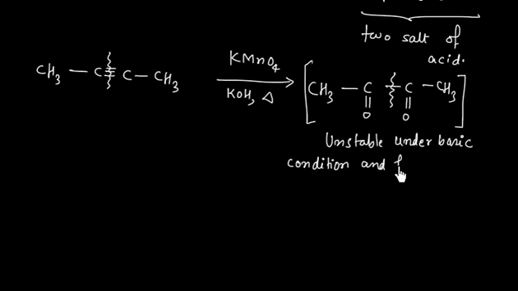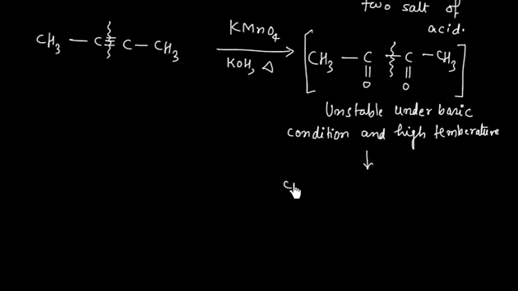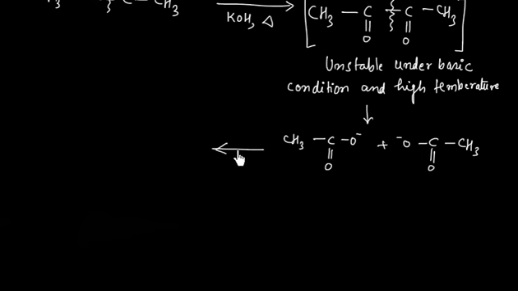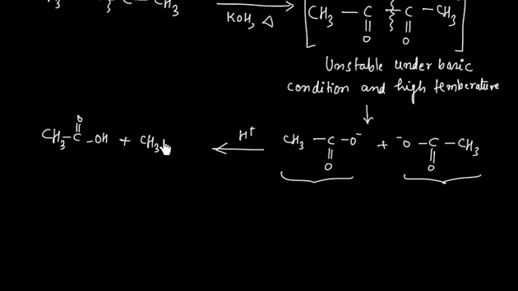So this will undergo cleavage. So we will have 2 salts of acid. From this side I can break, and we can also break from this side. If these salts get acidified, that is if we treat with H plus, we will have the acid of this salt and the acid of this salt, that is CH3COOH. So we will have 2 molecules of CH3COOH.